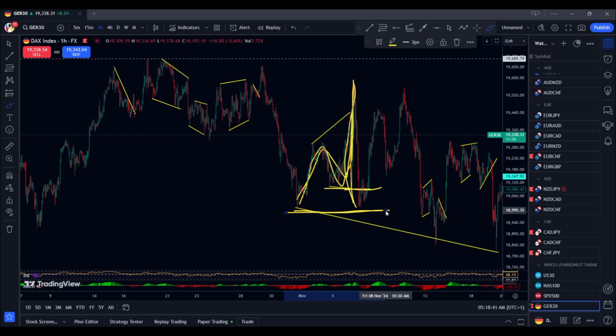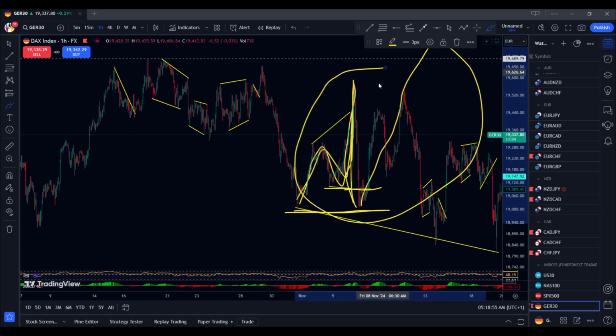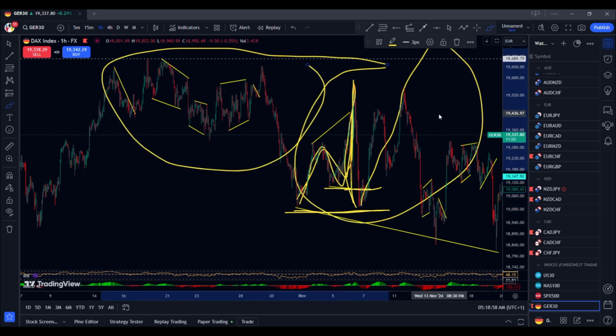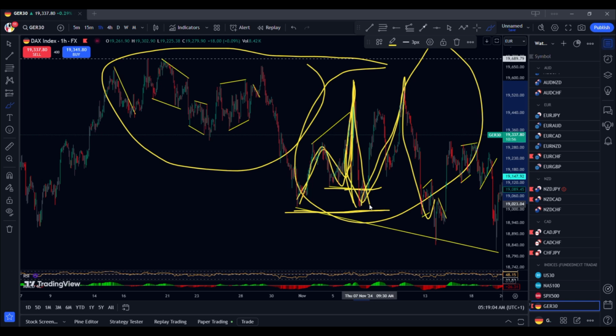Okay, so which means we are onto something more serious here. It's either this will go back up to break this top, and then we'll start reconsidering everything that has happened here, or we are going to get something more complex because of this impulse that came down and did not break this.